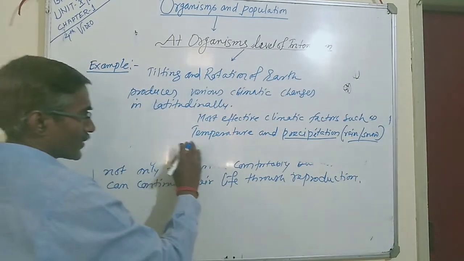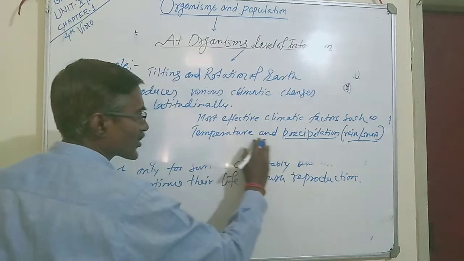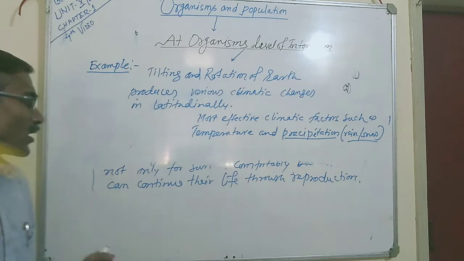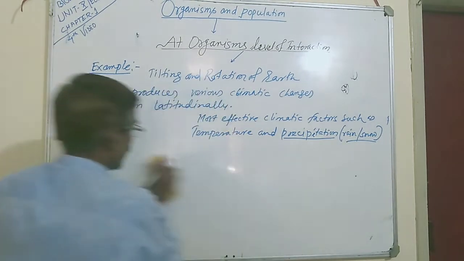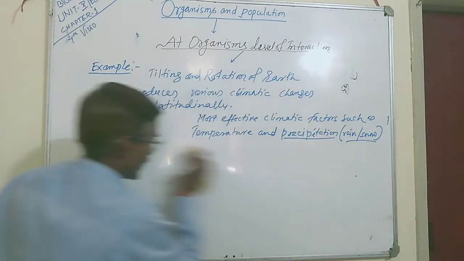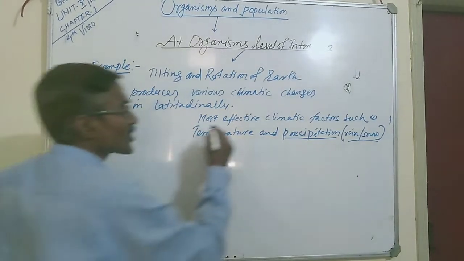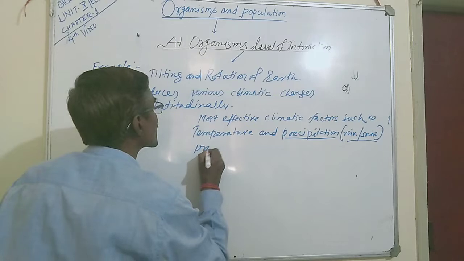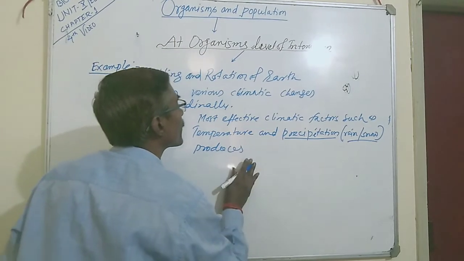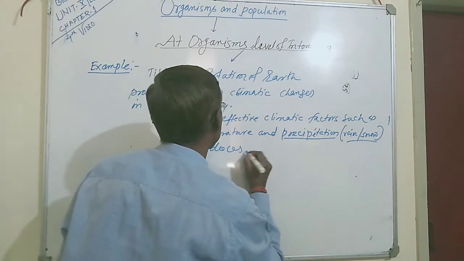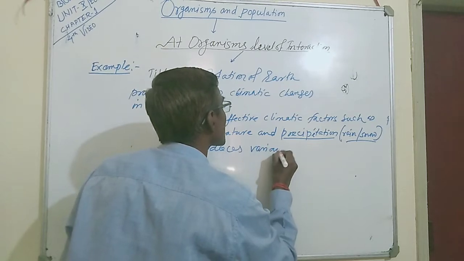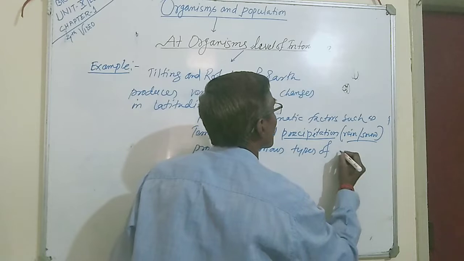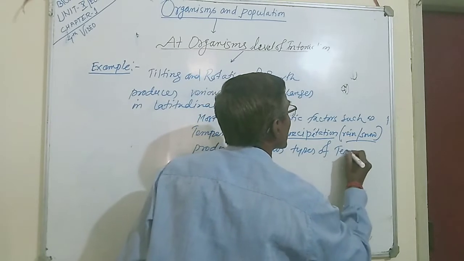When we talk about temperature and precipitation, it is the mean temperature and mean precipitation, which create the most effective climatic factors. Temperature and precipitation produce various types of terrestrial biomes.